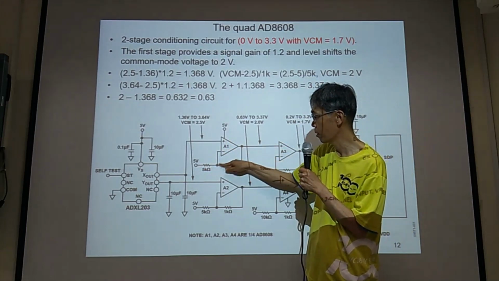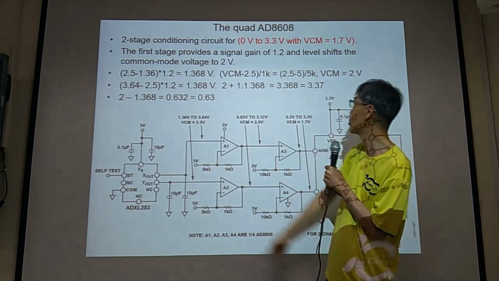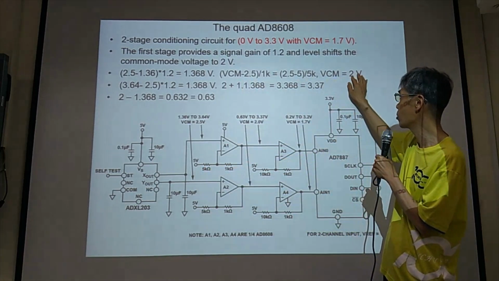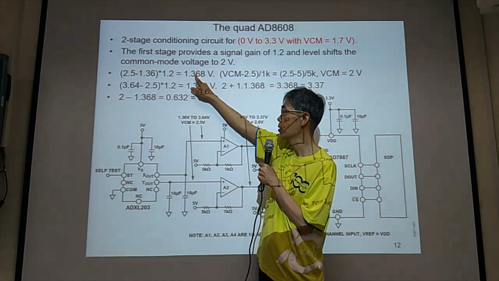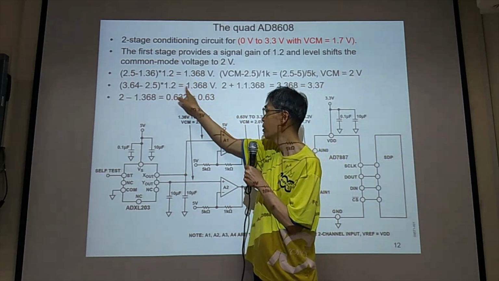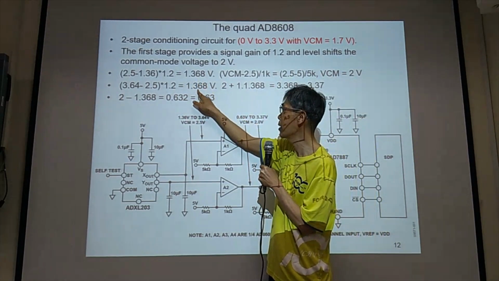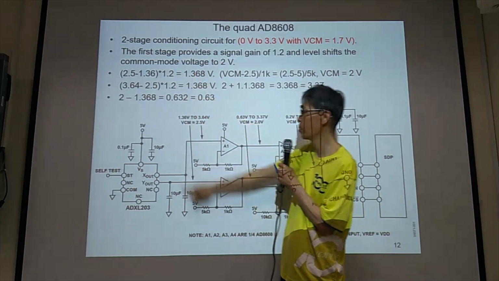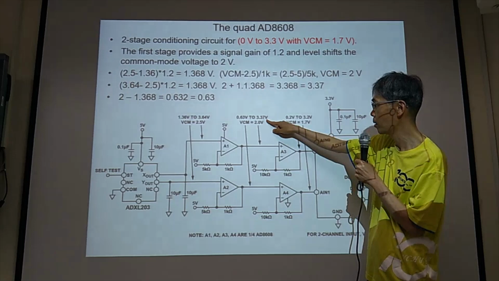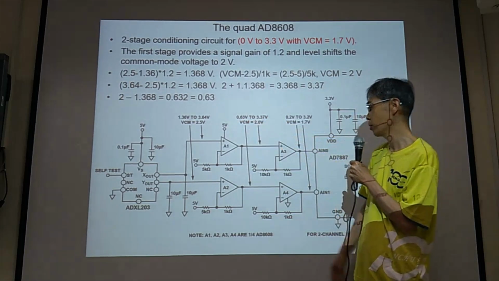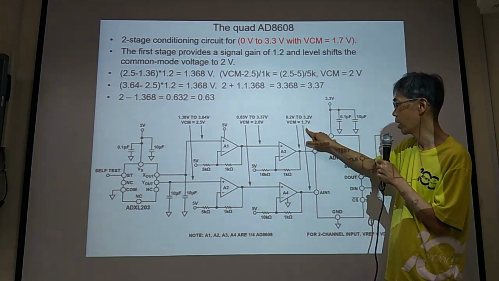So current here, current here. Okay, so VCM equal to 2 volt. If you know VCM is 2 volt, the maximum value is common mode plus this one, and minimum value is common mode minus this one. So that's why we get 3.37, 0.63.